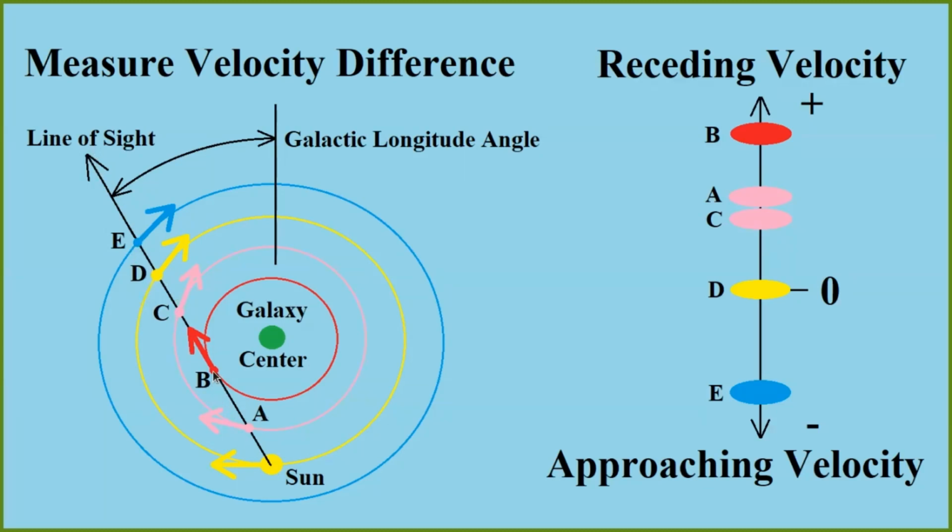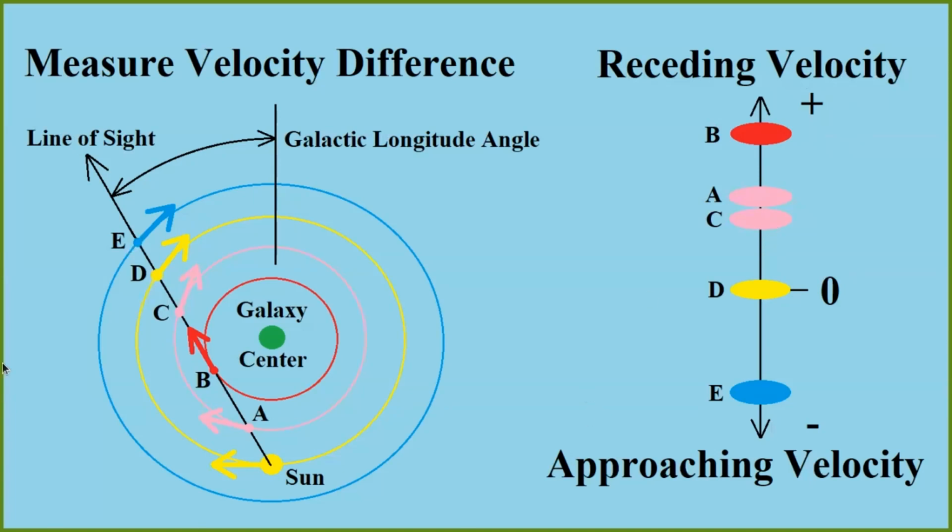A positive receding velocity is a positive number, and so B would win for the highest receding velocity. B would show up with the highest velocity on our plots. If we look at A or maybe C, we could see that it would have a velocity somewhere in the middle of those last two. Looking at this frequency, I cannot tell whether A is close to me or A is far away from me.